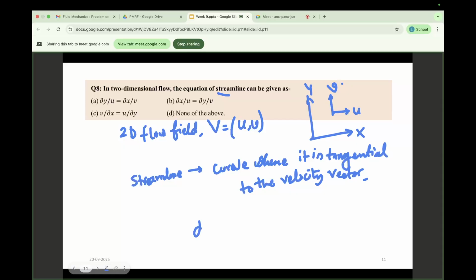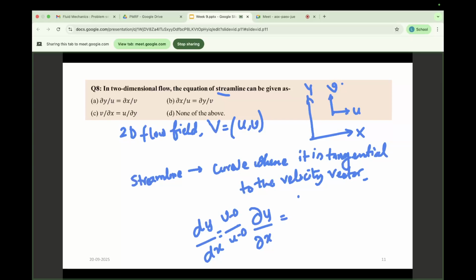So if I talk about this slope, I can write dy by dx. If the slope is infinitely small, I can also write it that way. Basically, this is the change in the y direction, which is v, and in the x direction, which is u.